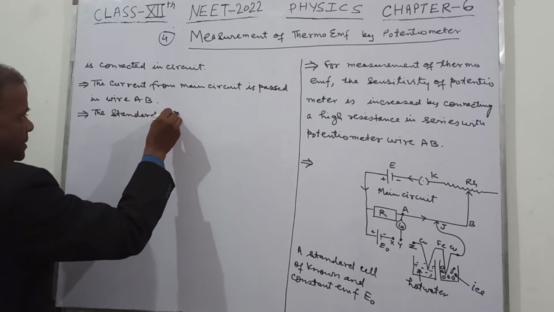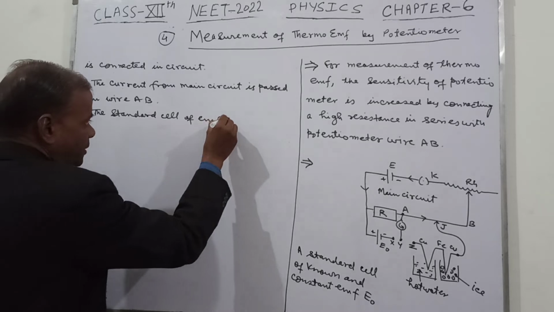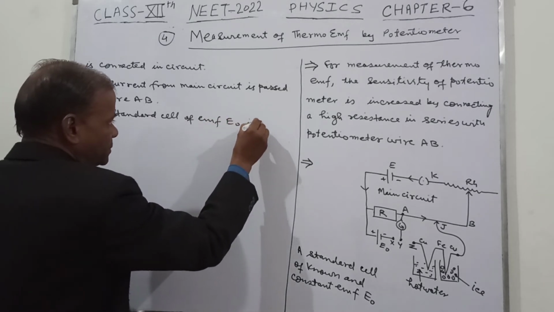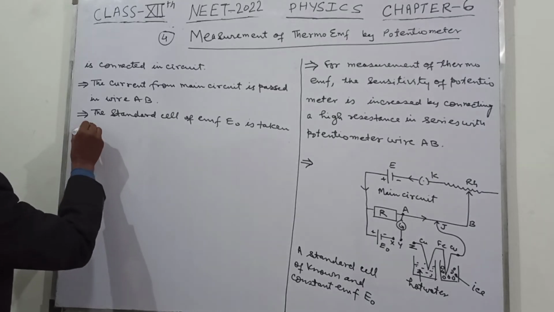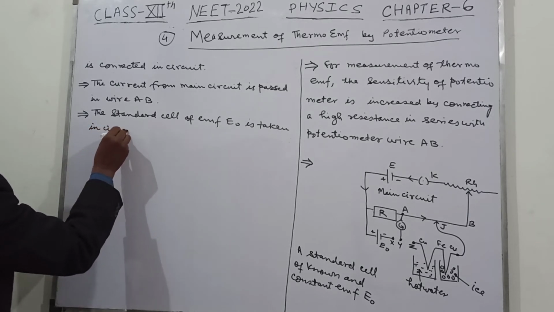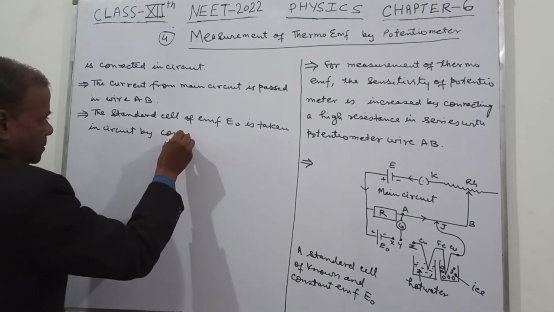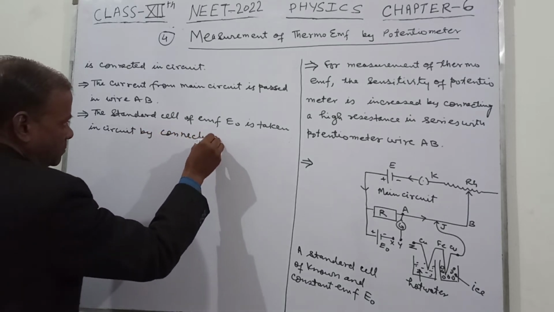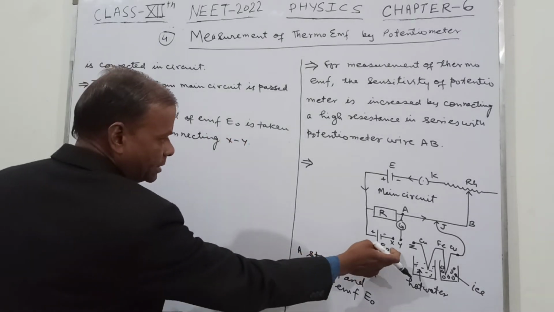The standard cell of EMF E0 is taken in circuit by connecting XY.